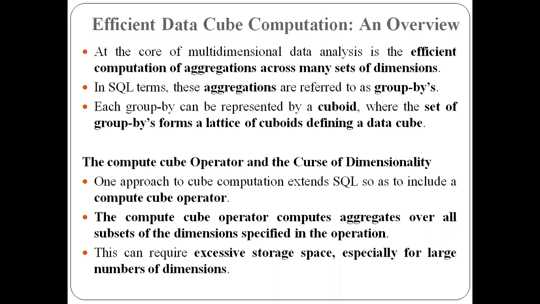This collection of cuboids defines or forms a data cube. Each cuboid represents a group by, that is, the aggregation of the data values with respect to some of the attributes or dimensions.